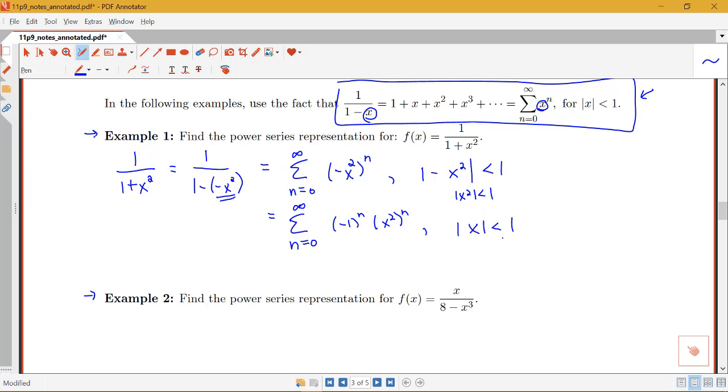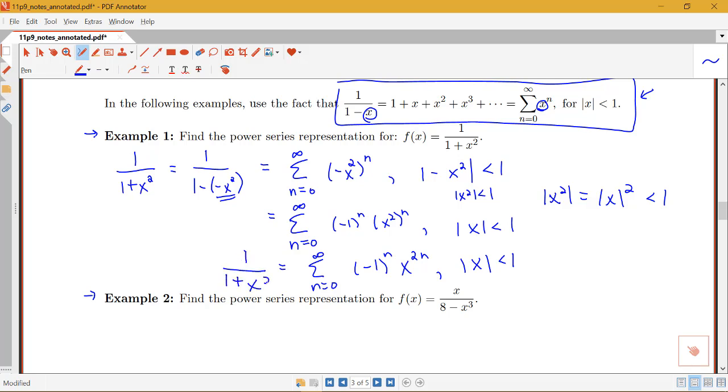Or you can think about absolute value of x squared equals the absolute value of x squared, and then we're just taking the square root of both sides. So to finish this off here, I could write this as my sum from n equals 0 to infinity, negative 1 to the n, times x to the 2n, where absolute x is less than 1. Okay, so now we have a power series representation for 1 over 1 plus x squared, just by doing this substitution technique.